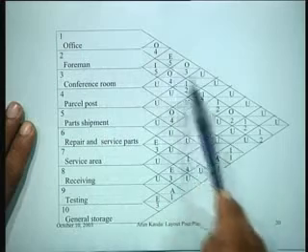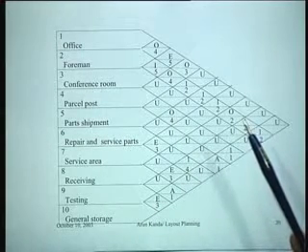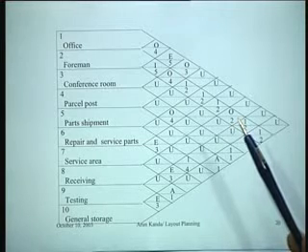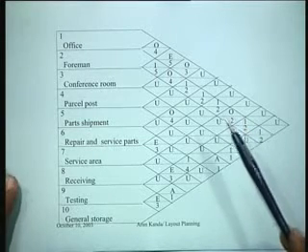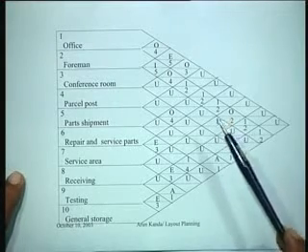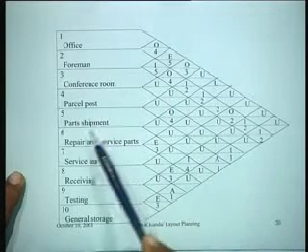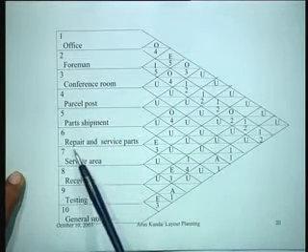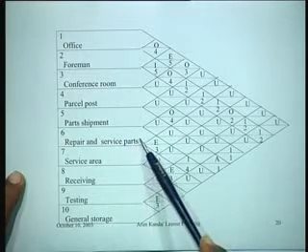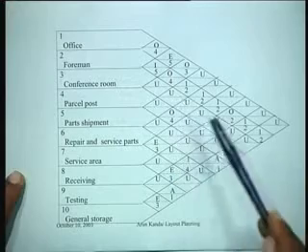The first thing that you can do, apart from the material handling effort, is this. We were talking about box number 1 in the SLP procedure, that is the development of the flow of materials in the various matrices. We are now talking about box number 2, where you try to develop activity relationships. So for each pair you can say, for instance, that as far as repair and service parts is concerned, its proximity to the conference room is unimportant.